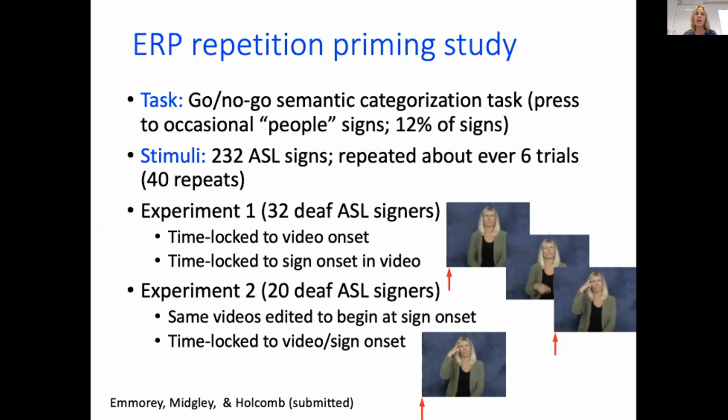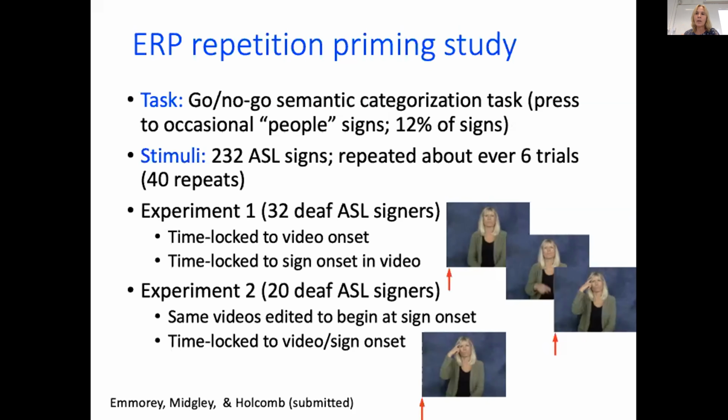In this experiment, we had a large set of ASL signs, and we had repetitions about every 6 trials. We had 40 repeats compared to unrepeated signs. In the first experiment, we looked at the repetition priming effect when we time locked to the video onset versus when we time locked to the onset of the sign within the video.